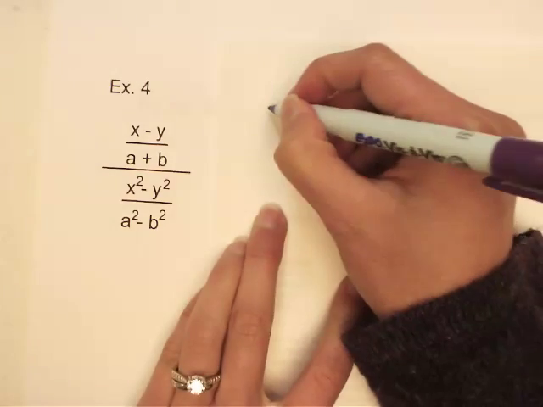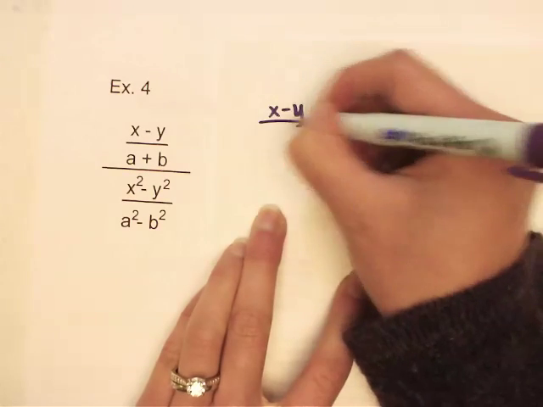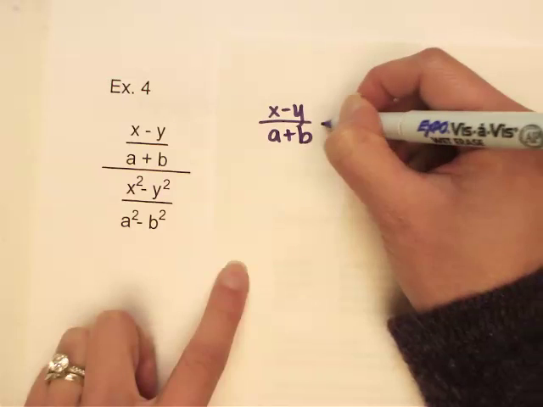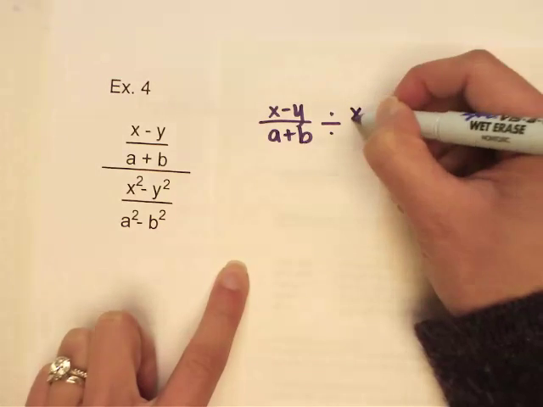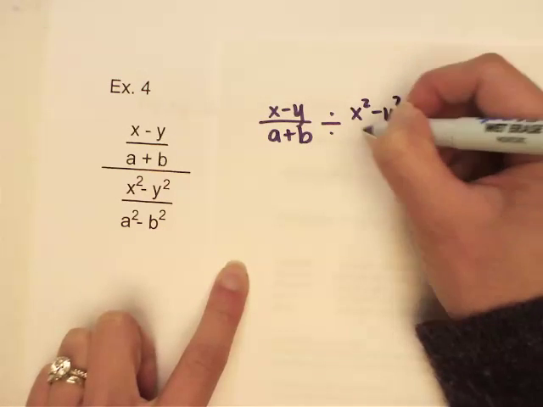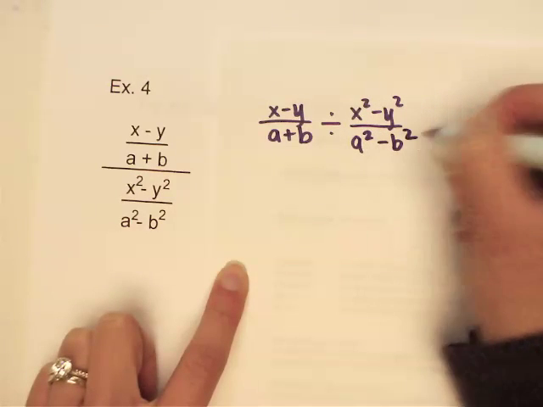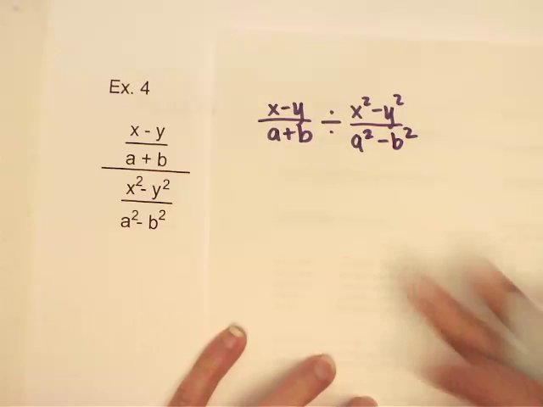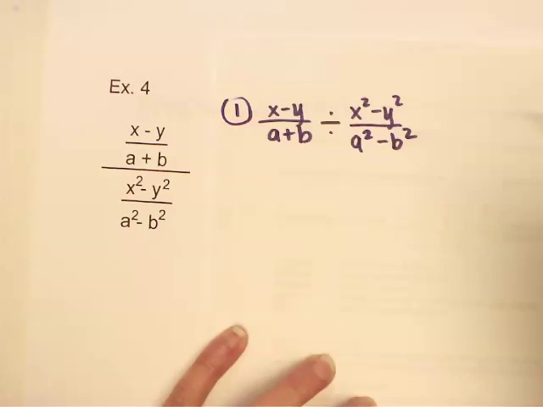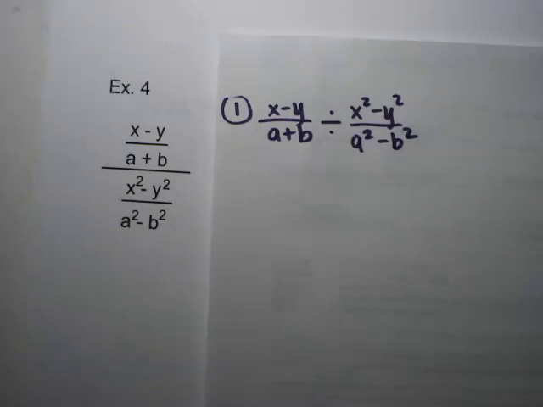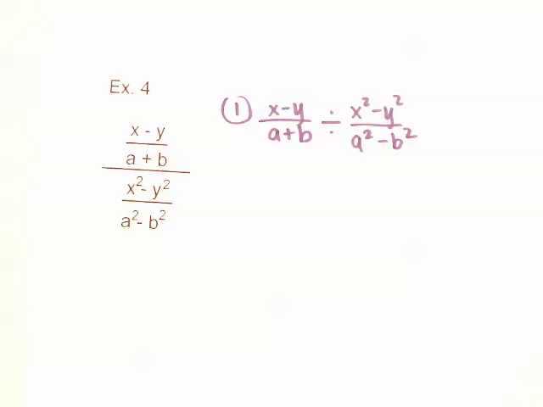So we have x minus y over a plus b, and that's divided by x squared minus y squared over a squared minus b squared. That was step 1. Step 2, we can go ahead and rewrite that as a multiplication problem.